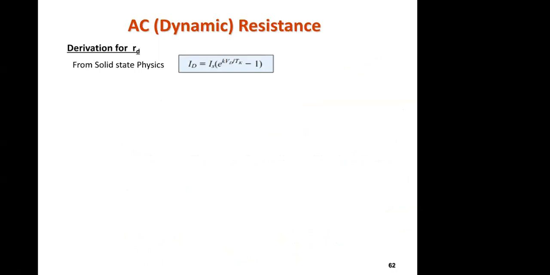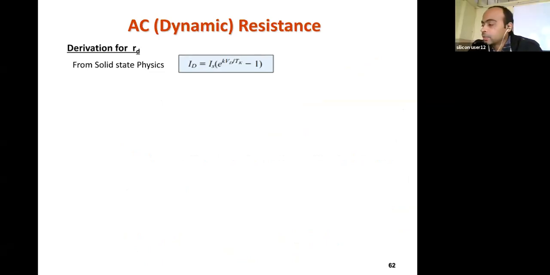Okay. So I have an ID equation. If I differentiate this ID equation, I get dID by dVD.